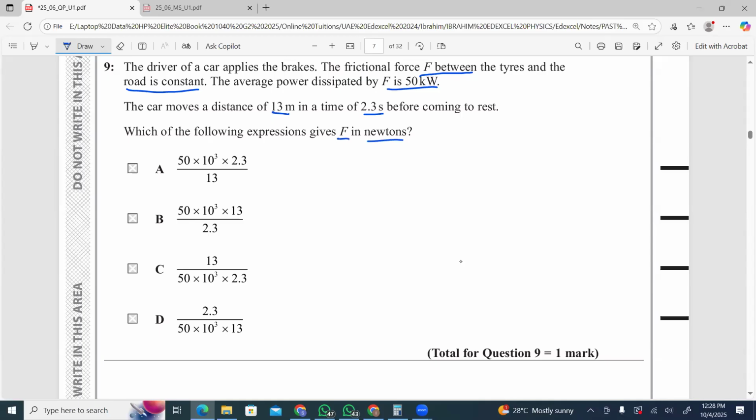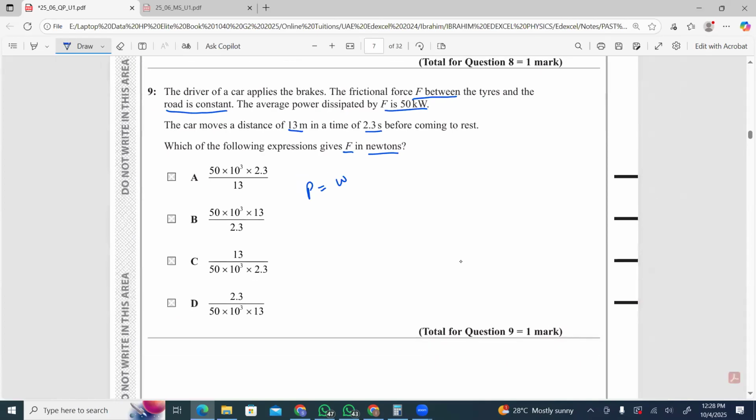Okay. So first of all, you need to write the formula for the power. Power is equal to W over time. W is work. Work is force times displacement over time. You have the power to be 50 equals, you need to write down the work, you have the distance 13 meters and you have the time 2.3.